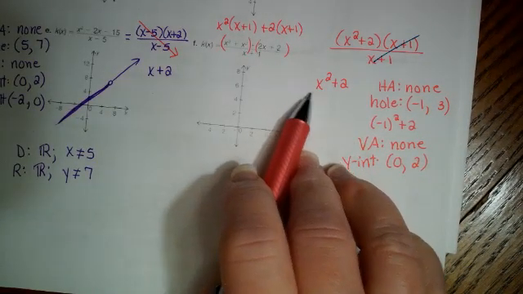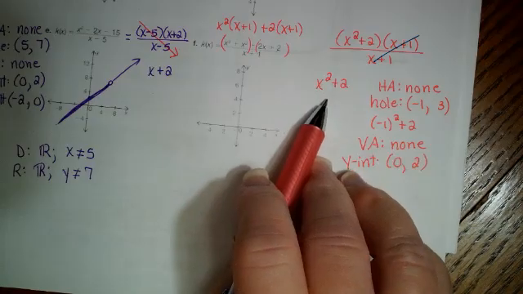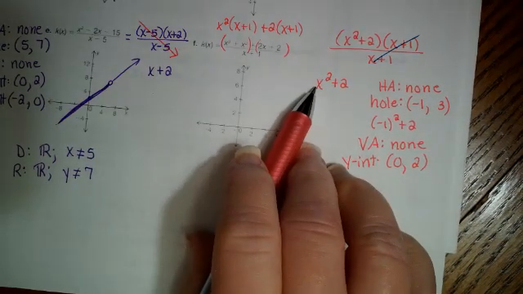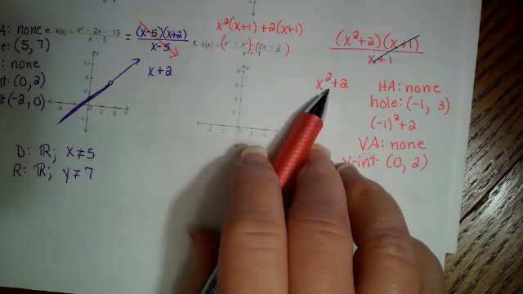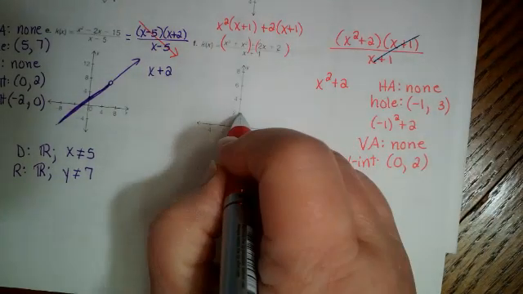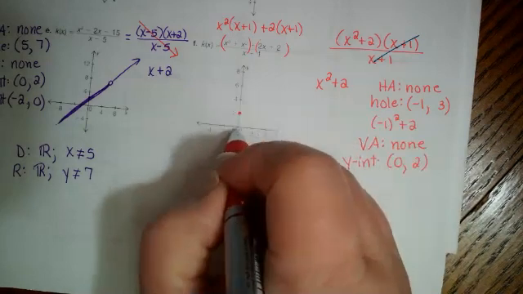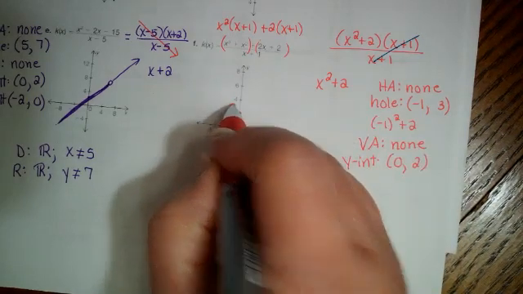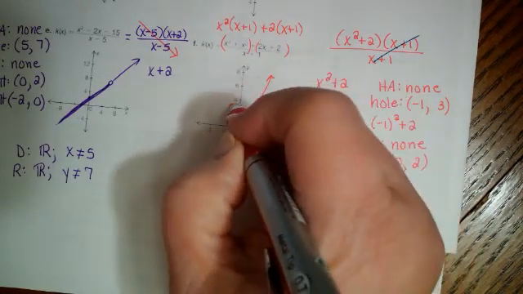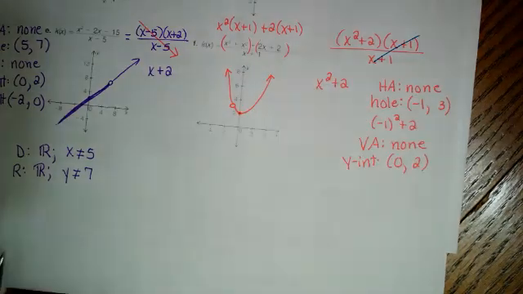Well, outside of using imaginary numbers, no, I can't. So there is no x-intercept. So think about graphing your parabola x squared plus 2. So my vertex would be at 2. I have a hole at negative 1, 3. And then I could just finish graphing my parabola.